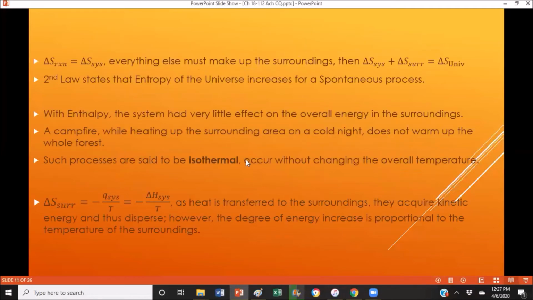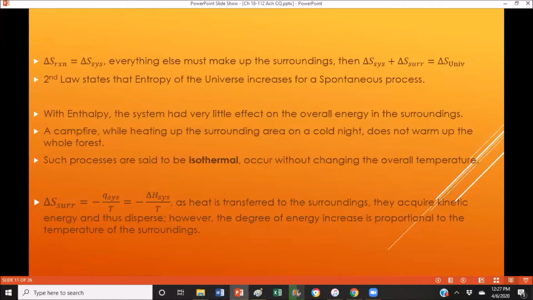Okay, so when we talk about the entropy of the universe, it is made up of 2 parts. Entropy of a system, entropy of the surroundings. When we look at a reaction, typically that's the entropy of the system. Everything else that surrounds it would be considered the entropy of the surroundings.